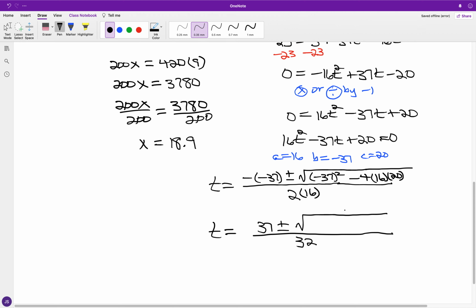And for what I have underneath the radical, the square of negative 37, again the square of a negative is going to be a positive, so I got 1369. And for negative 4 times 16 times 20, I got negative 1280.